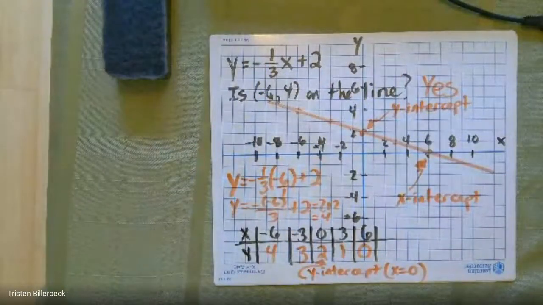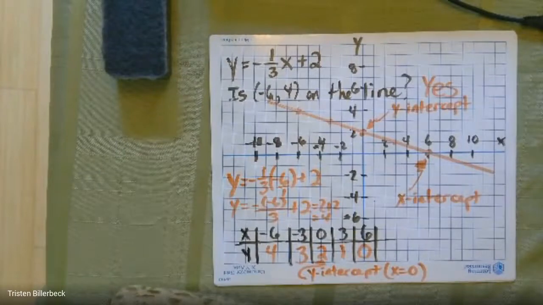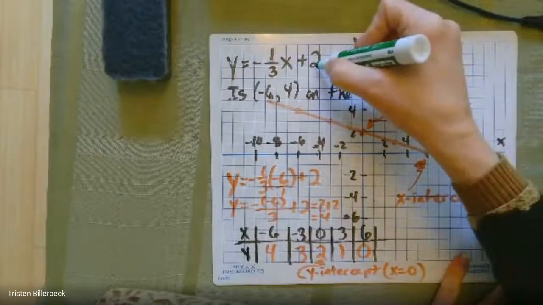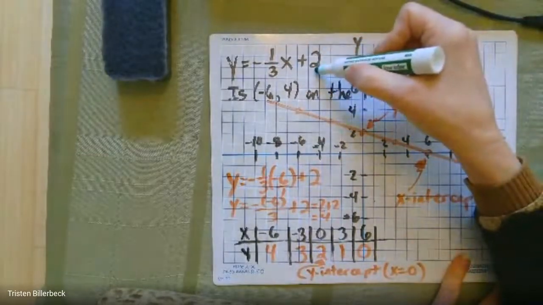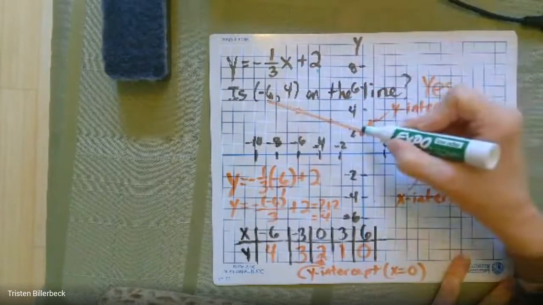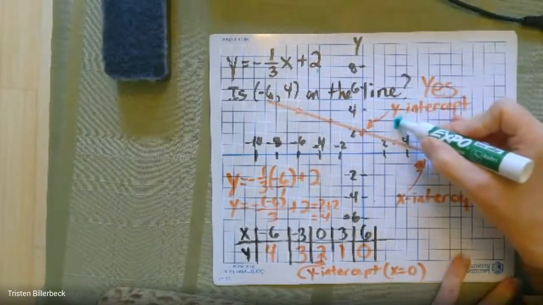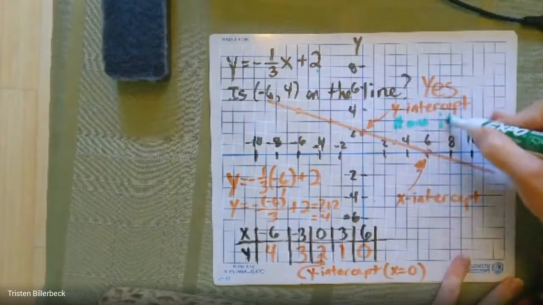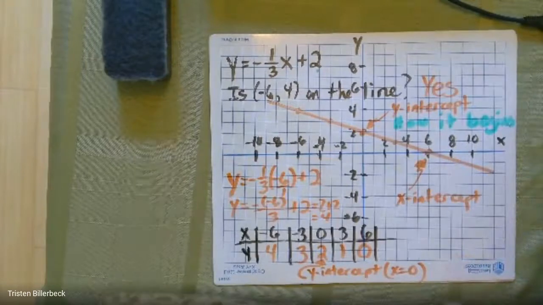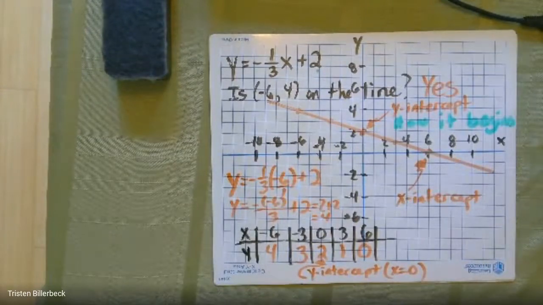There you go. Right. So if you'd like to know a cheat way to do this, well, we just look at this. If you remember, this is how it begins, and this is how it changes. So the y-intercept is how it begins. Okay, that's not the best pen in the world. Let me find a different pen.